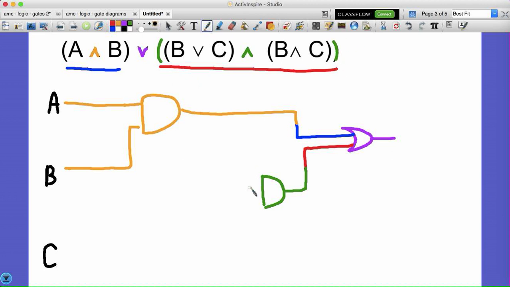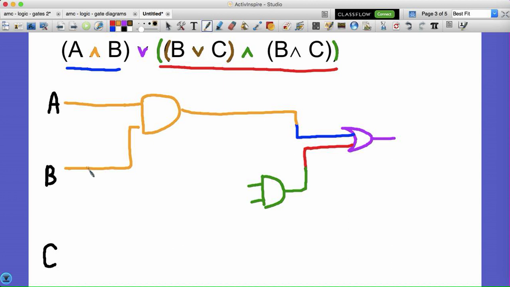This is going to have two inputs. One of them, I wish I had more colors handy, is this part right here, B or C. B and C have to be ORed together with this symbol right here.